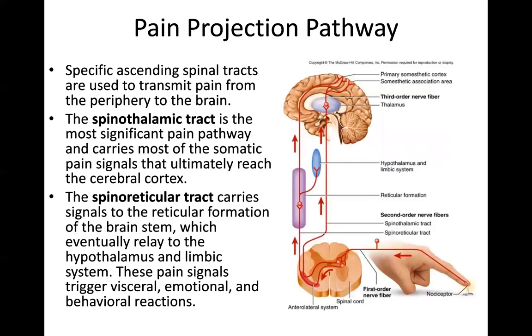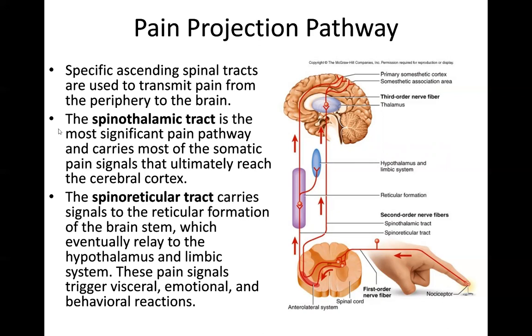Now, when we are experiencing pain, we have specific ascending spinal tracts that are used to transmit this pain from our periphery up into our brain. There are two major pain projection pathways, the spinothalamic tract and the spinoreticular tract. If you break down their names, it's going to tell you exactly what's going on.